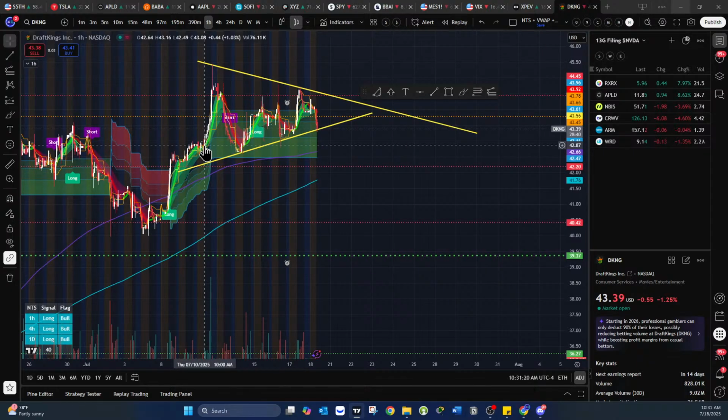Yeah, kind of like this 44 call for September. I'm gonna take a starter on this one. I don't like the spread, but I'll take one contract. I'll take a starter swing on this one. DraftKings 919.